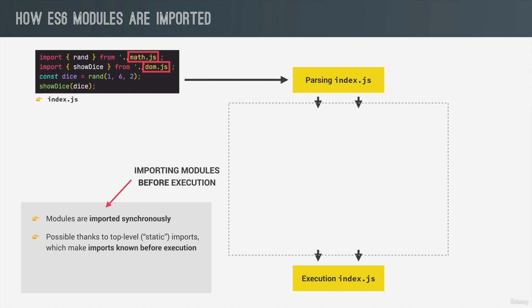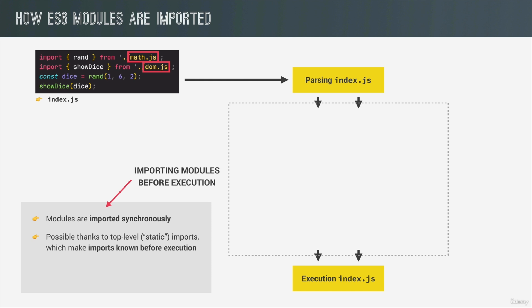That's because if we only export and import values outside of any code that needs to be executed, then the engine can know all the imports and exports during the parsing phase, so while the code is still being read before being executed. Now, if we were allowed to import a module inside of a function, then that function would first have to be executed before the import could happen, right? And so in that case, modules could not be imported in a synchronous way. So the importing module would have to be executed first.